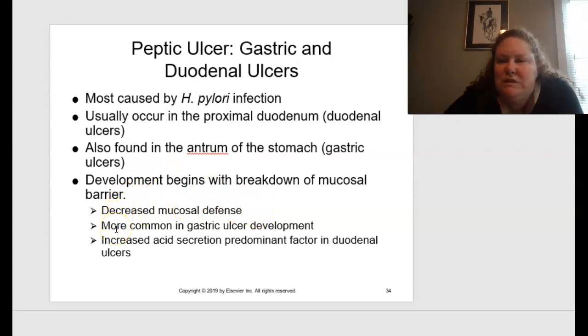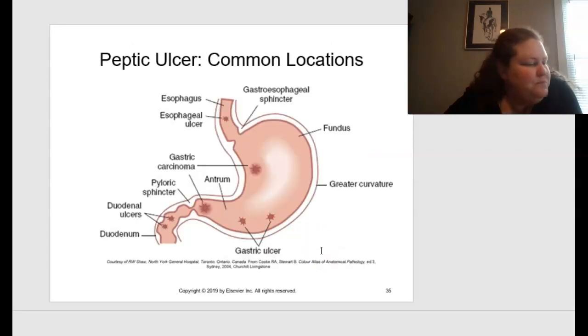And remember, the stomach acid is really, really acidic. So if you don't have that mucosal layer, then you're basically having acid right on tissue, and that's what's causing these things, right? So these are more common in gastric ulcer development. And then also, increased acid secretion is a predominant factor in duodenal ulcers.